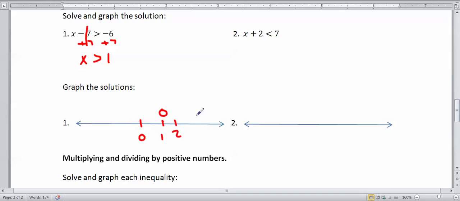So it's going to go this way. 0 is not greater than 1, so it's not going to go this way. That's one way you can check. You can just throw in 0. If 0 makes the problem true, then you go the direction towards 0. If 0 doesn't make the problem true, you go the opposite direction. So in this case, if I put in 0, 0 is not greater than 1, so I want to go the opposite direction, to the right. So it's all solutions greater than 1.